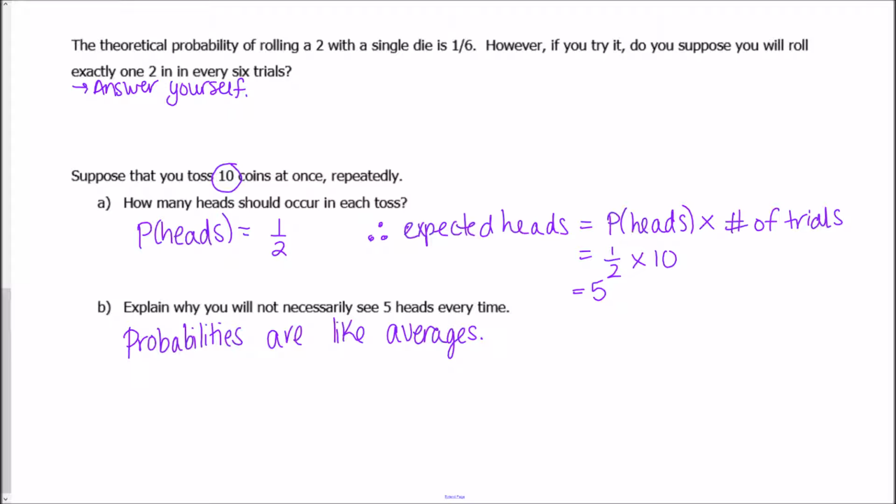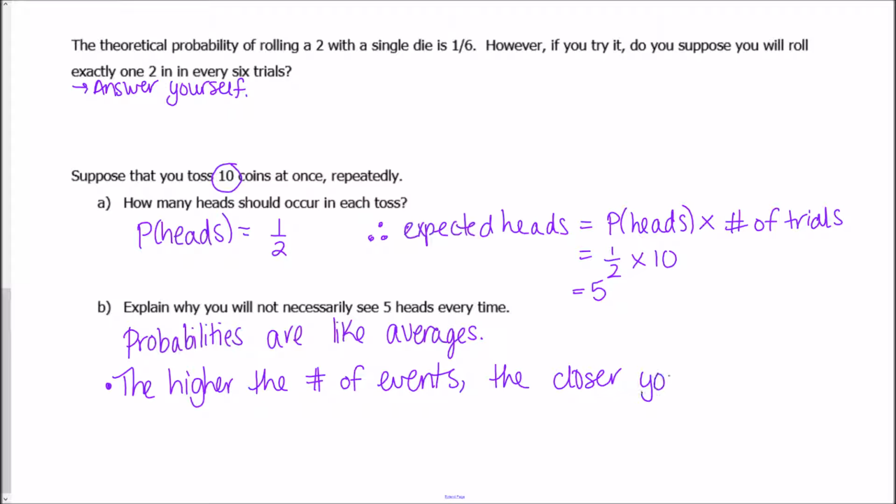But here's the thing that's really important. The higher the number of events, the closer you'll get to an even split between heads and tails.